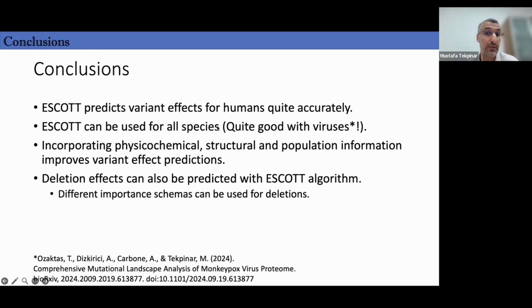We tested it, for example, for some viruses, and we have a preprint here. And the results for viruses are also quite good. Here we also see that introducing physicochemical features, structural features, and population information can improve variant effect predictions. And the same algorithm can be used for deletion effects as well. But sometimes you may have to tune or change important schemas to predict deletion effects.